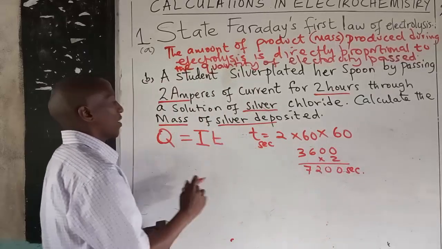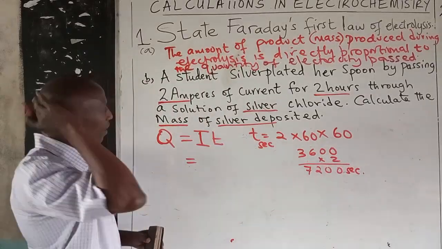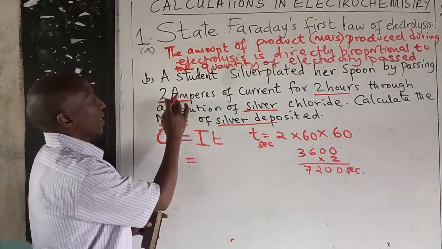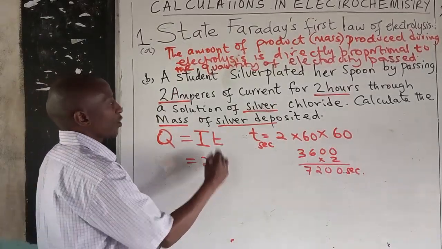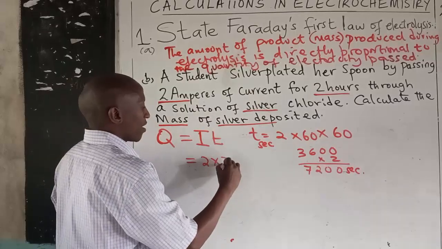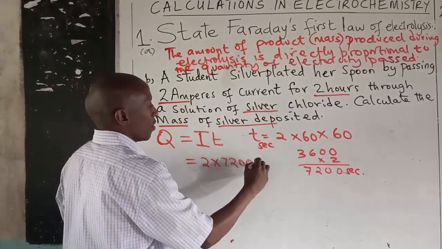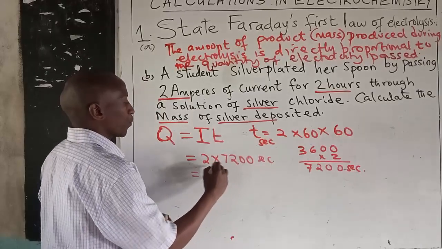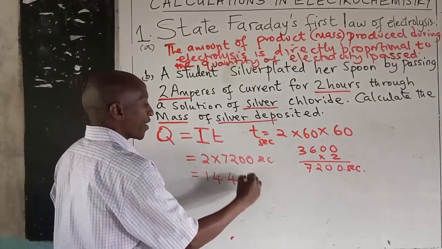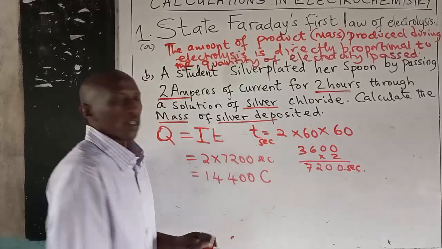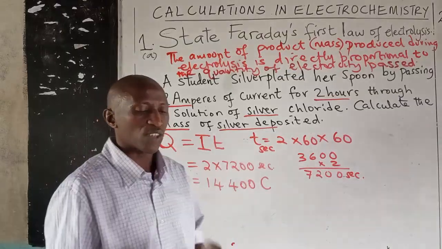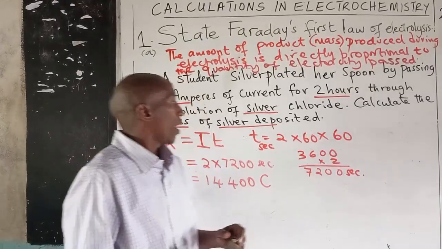So we bring in this here, and we shall have the calculation. Therefore, the current was 2 amperes multiplied by the time now, 7200 seconds, and that comes to be 14,400 coulombs. So this is the quantity of charge that was passed.